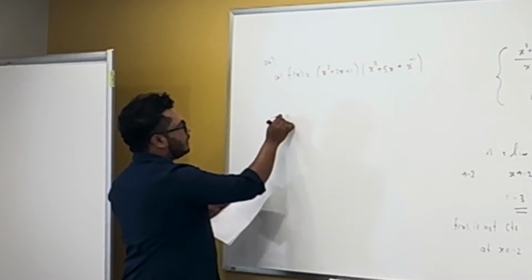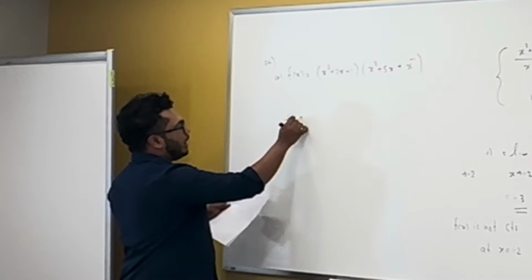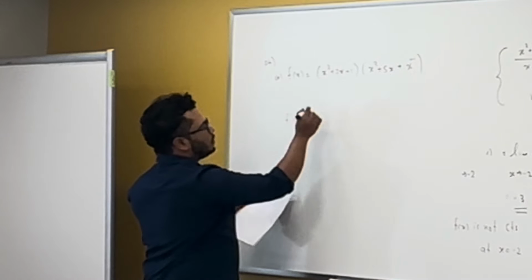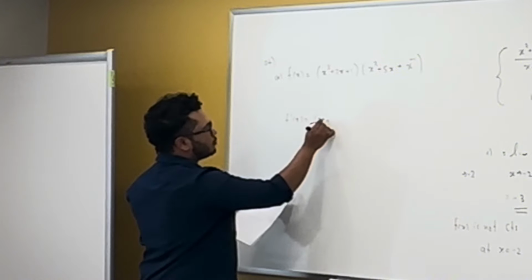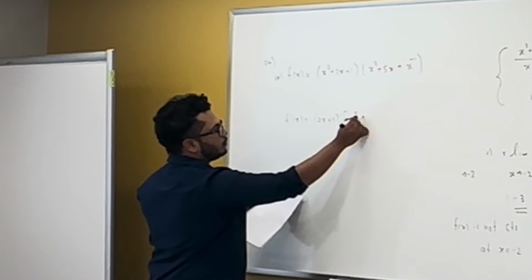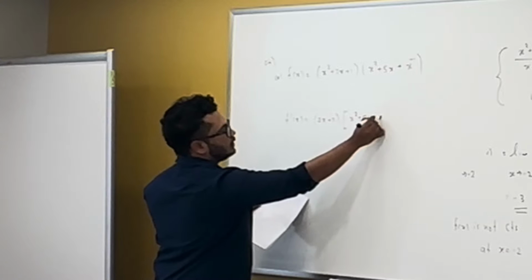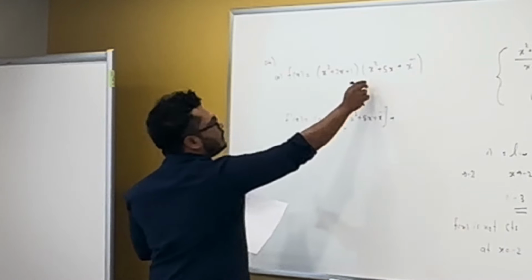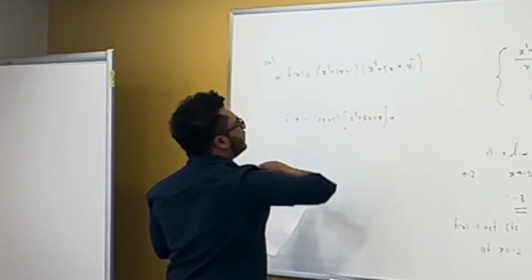So then I take the derivative. I have to take the derivative of one of the things first. I'm going to take the derivative of this, 2x plus 2, and keep the other one as it is. Clear? Plus, take the derivative of this and keep the other one as it is.